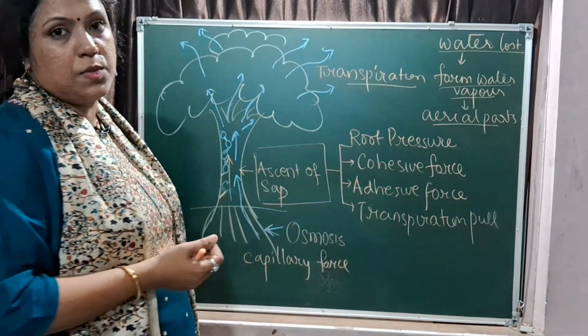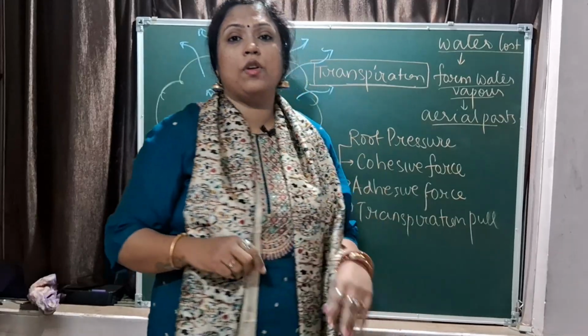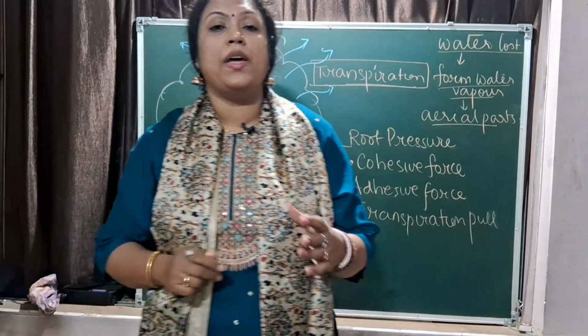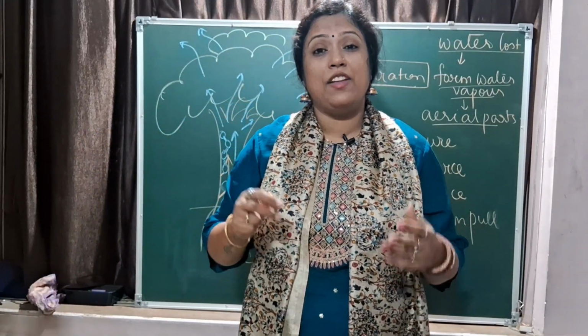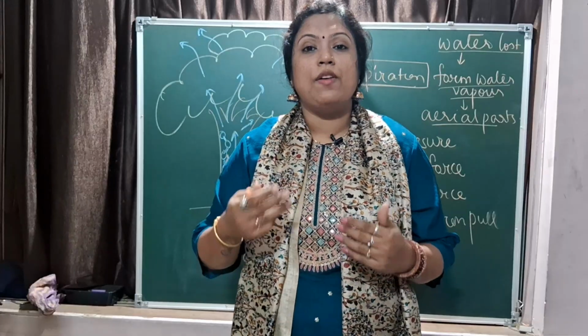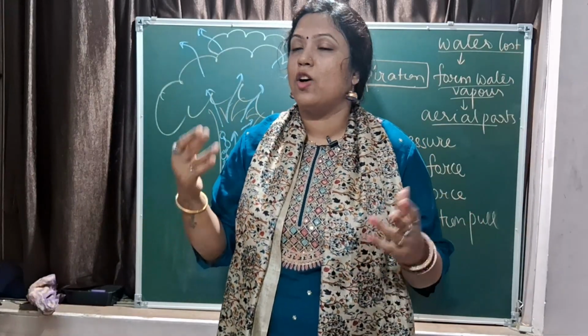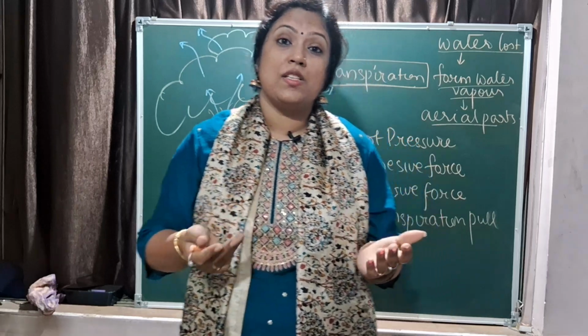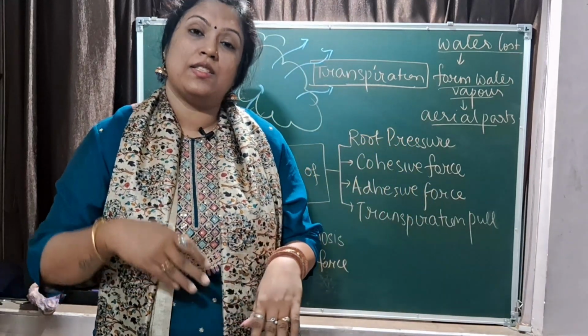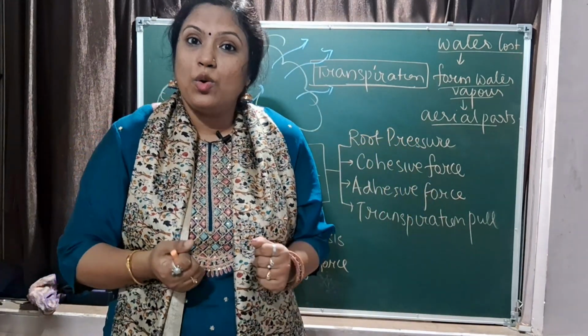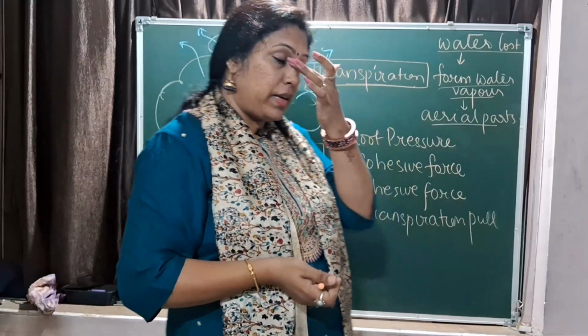So that is transpiration. If you have to compare transpiration, you can compare it to evaporation and even perspiration. Now evaporation is what? The water changing into water vapor at a normal temperature. Perspiration is when you are sweating and then when the sweat evaporates, you feel cooler, right?